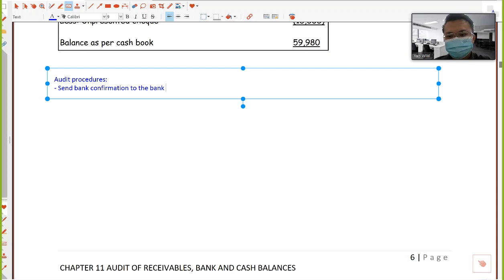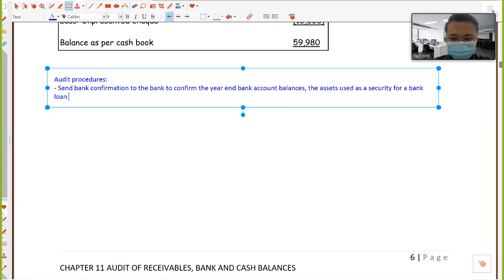I need to tell why I need to send the bank confirmation: because I want to confirm the year-end bank account balances, the assets used as security for a bank loan, and the number of bank accounts closed during the financial year.